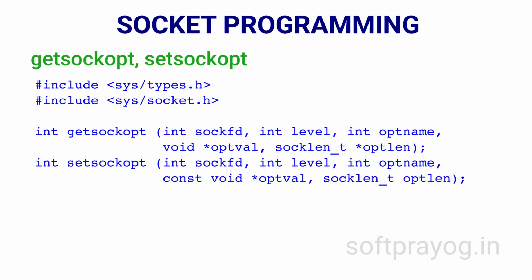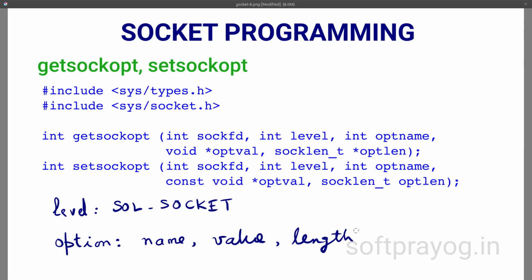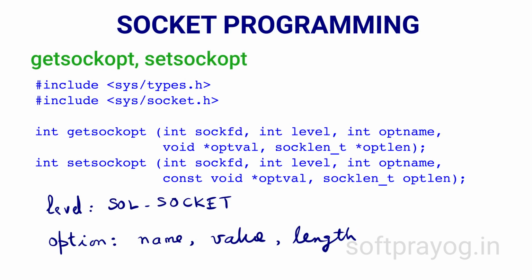The getsockopt and setsockopt calls are for manipulating the options related to sockets. To work at the socket API level, the second parameter, level, is SOL_SOCKET. The next three parameters are for option name, option value, and the length of the option value.